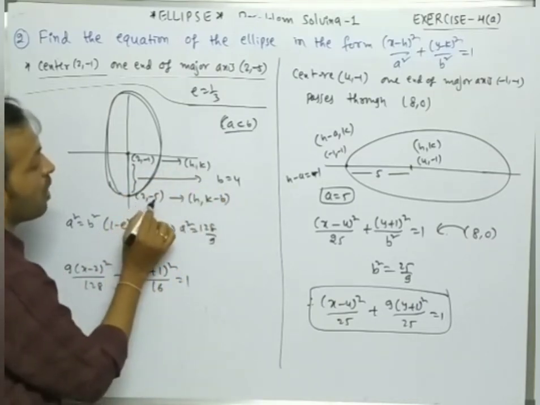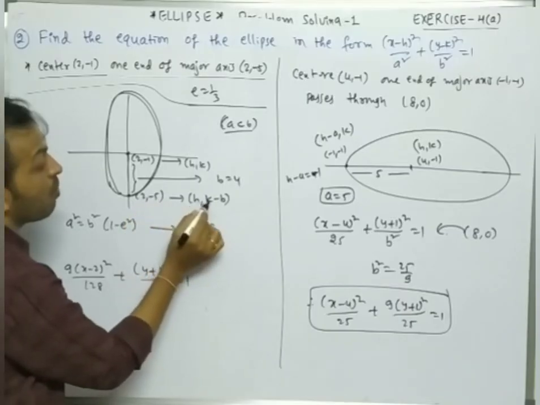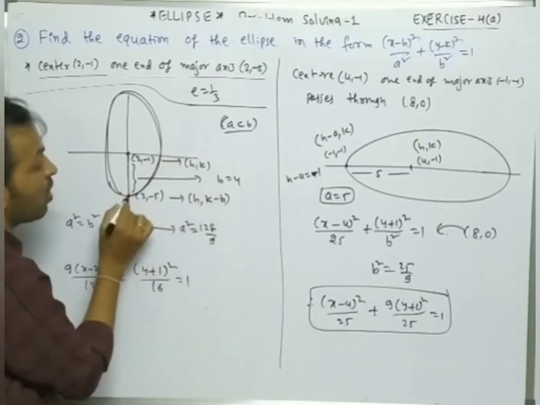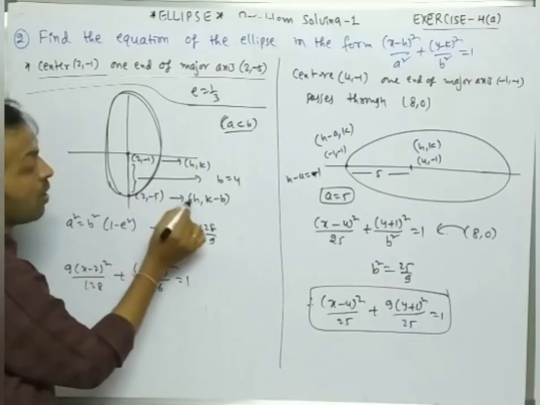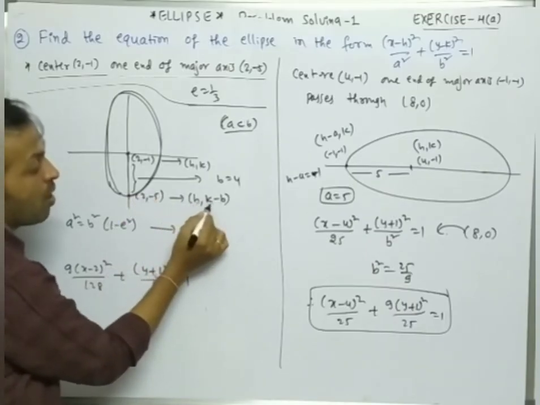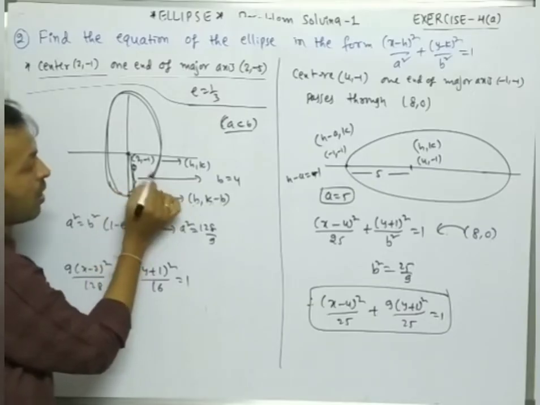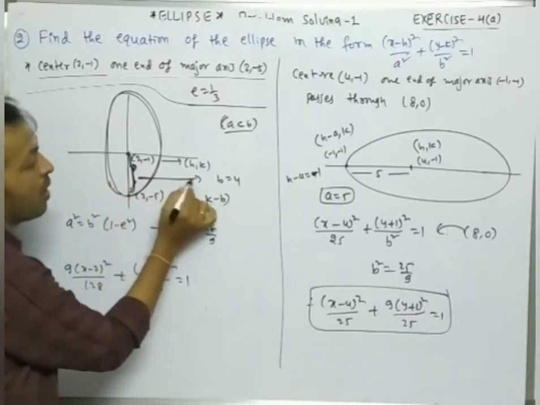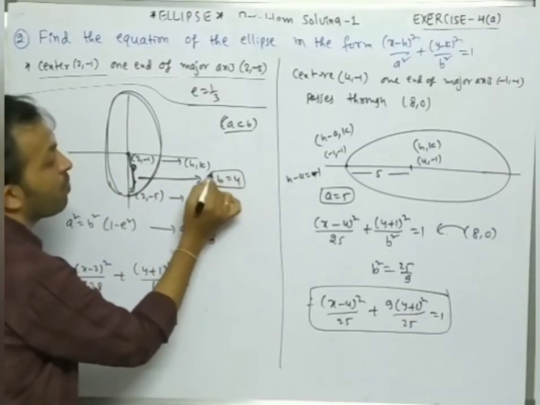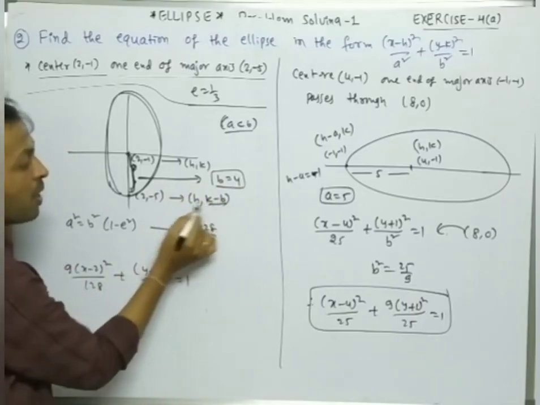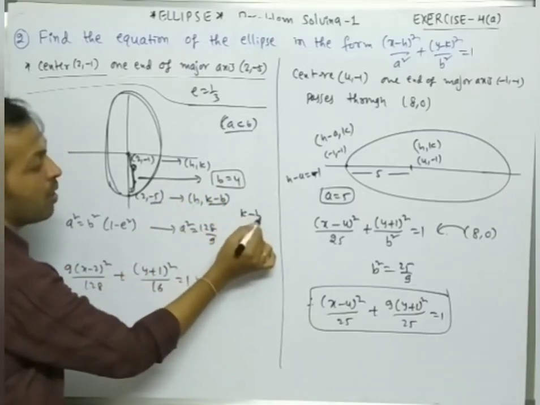So this is 2 comma minus 1, which is h comma k. 2 comma minus 5, that means h comma k minus b. This length is called semi major axis, that is b is equal to 4, or k minus b is equal to minus 5.